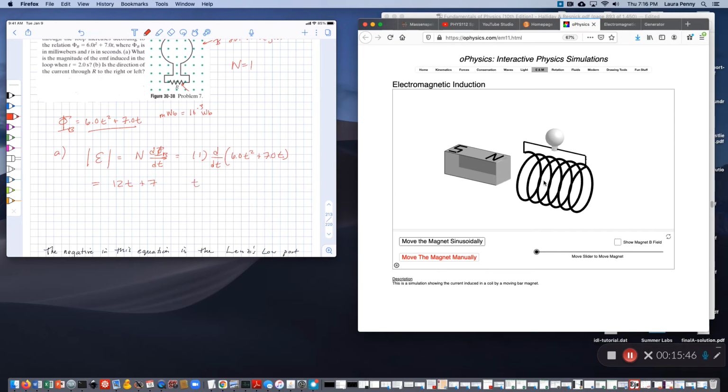And then at time equals 2 seconds, that EMF magnitude is 24 plus 7, which is 31. And that's milliwebers. So 3.1 times 10 to the negative 2.